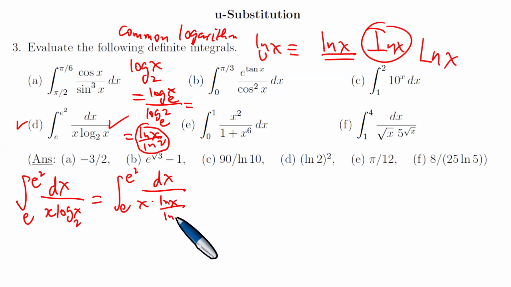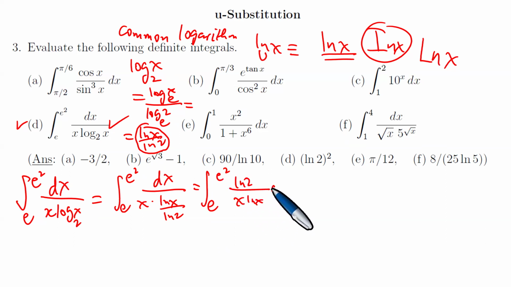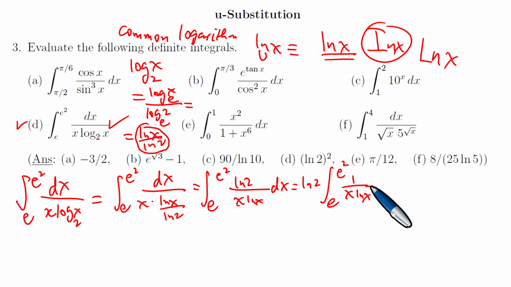So we have 1 over ln 2 times the integral from e to e squared of 1 over x ln x dx. Okay, everything must be changed to ln for us to handle.